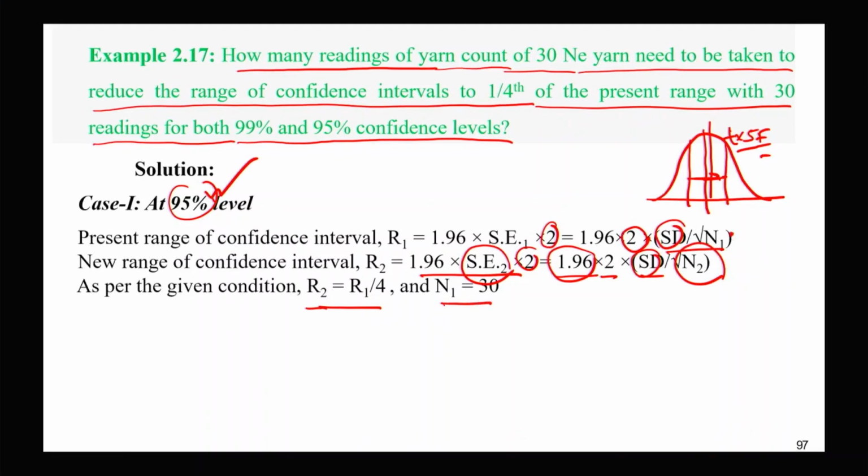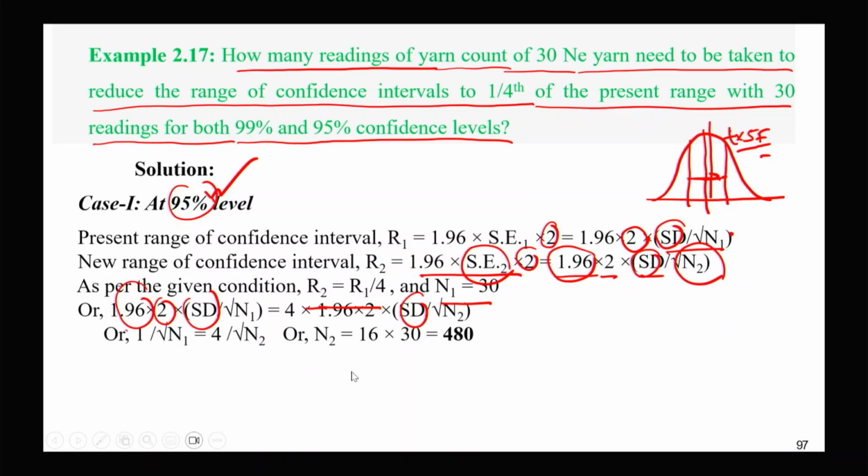So the simple thing is we have to calculate N2. This term, the standard deviation, will get cancelled. Only 1 by root n, 1 by 4, so N2 equals 16 multiplied by 30.